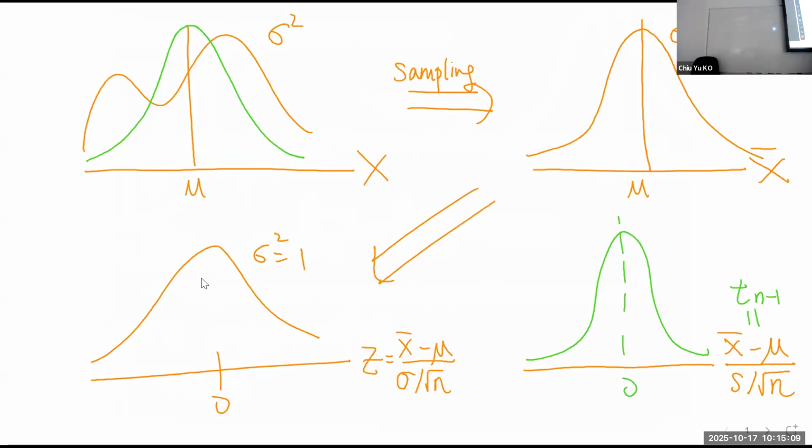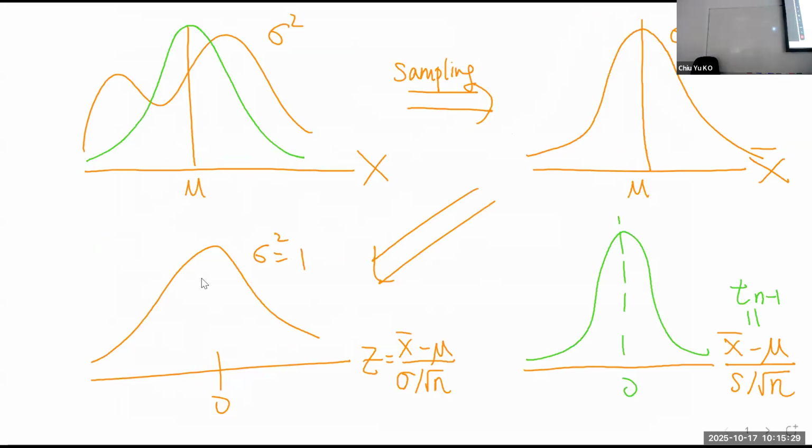Sometimes you do have a good estimation, but many times you don't. And probably you ask, how can I have a good sigma? It's the sample variance. If you can estimate the sample variance very well, then you don't have a problem. But what happens if you don't?